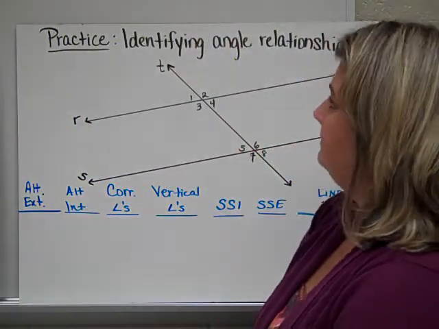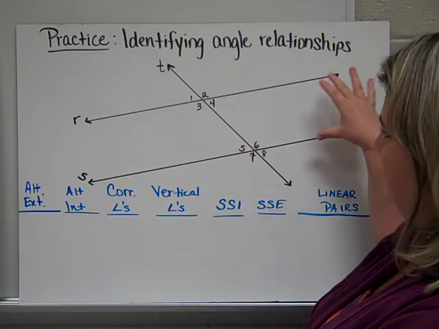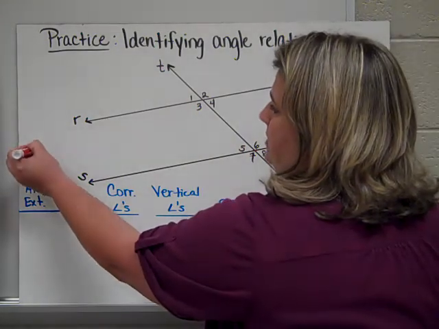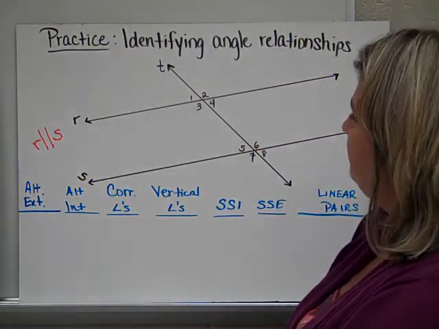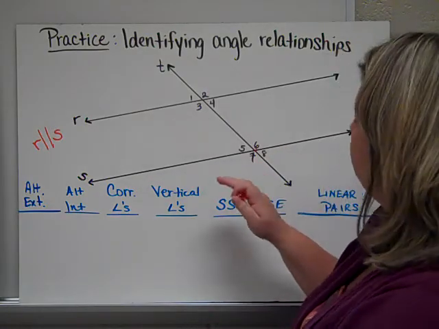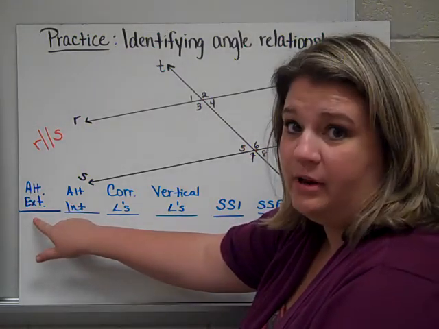Let's practice a little bit. Let's identify some of these angle relations. I have the same type of setup. We have parallel lines here. I know that line R and line S are parallel. Here is my transversal. I labeled it line T. Let's talk about some alternate exterior angles.